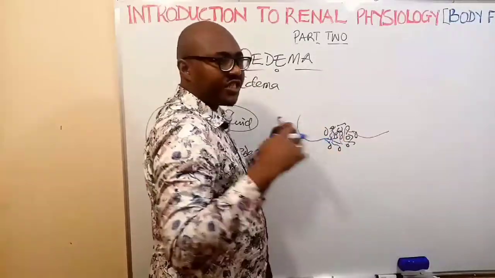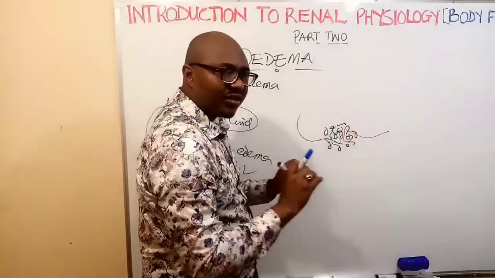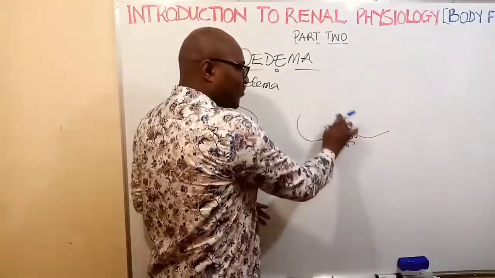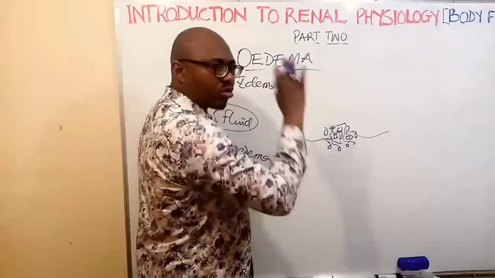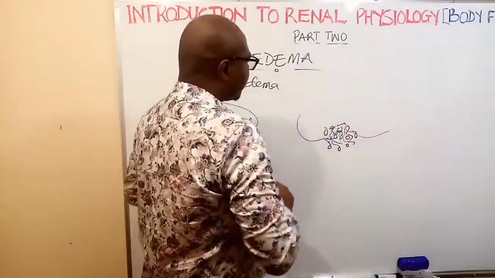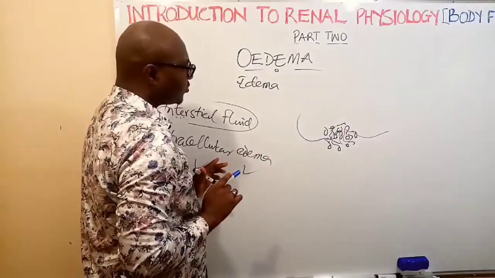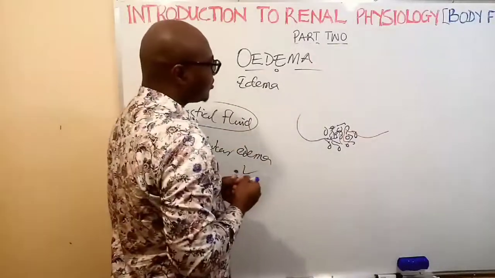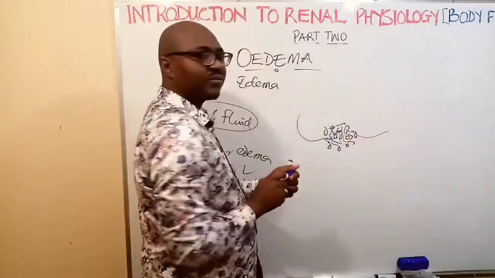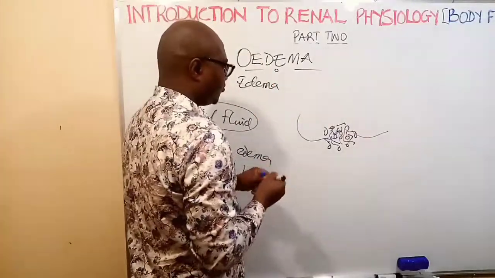Exchange of oxygen, carbon dioxide, food, nutrients, hormones, everything. This is where the main work happens in the body, the exchange, right? So the two forces we talked about, one of them is called hydrostatic pressure.